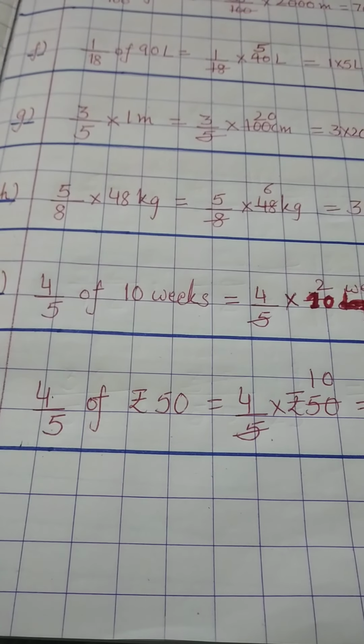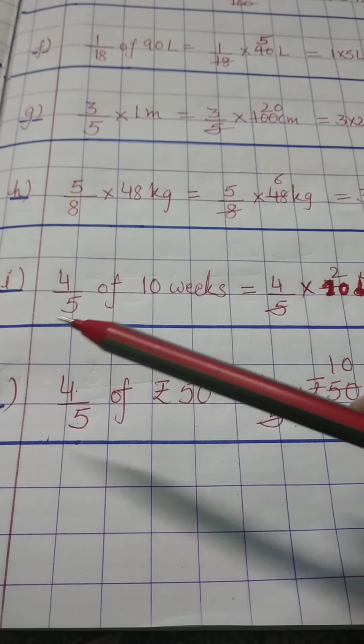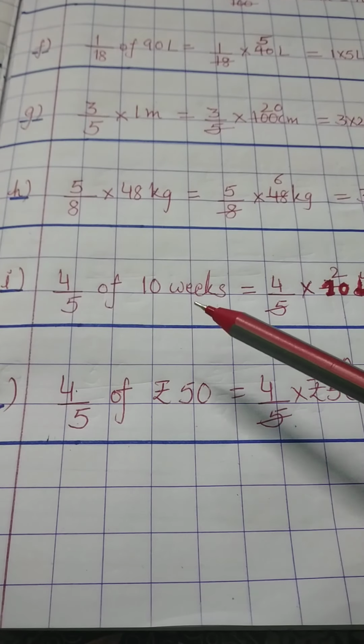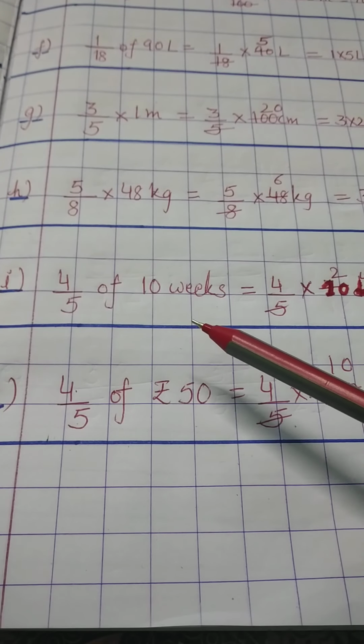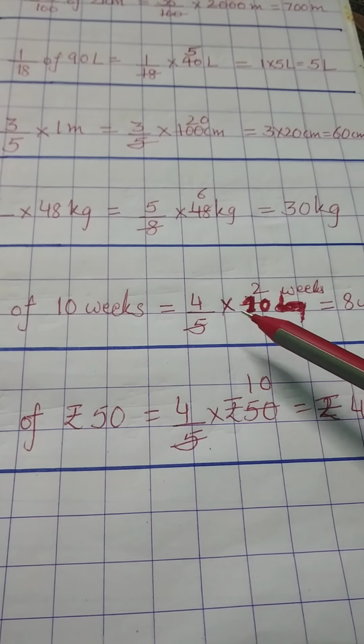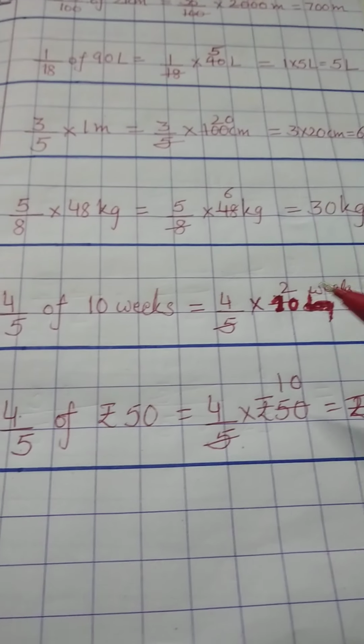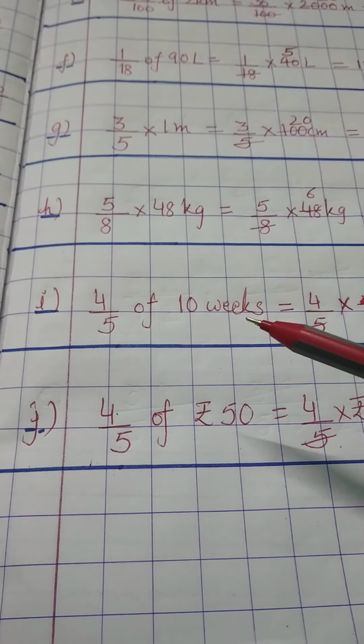Then 4 upon 5 of 10 weeks. So here also no need to change weeks into days. Sometimes we have to change, but we have to think in our mind and use our common sense. So 5 twos are 10 and 2 fours are 8. Answer is 8 weeks. So 8 weeks is 4/5 of 10 weeks.